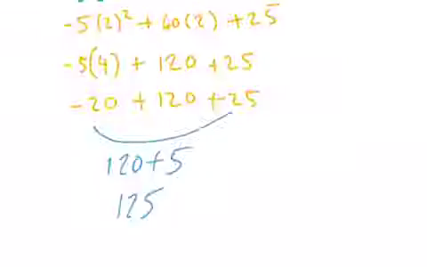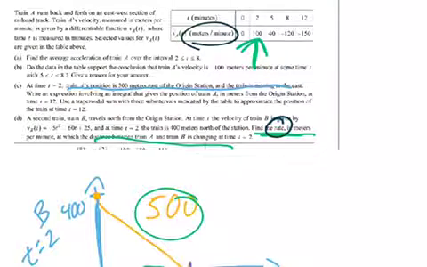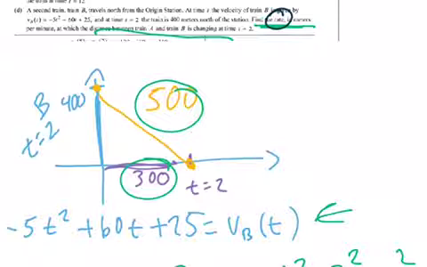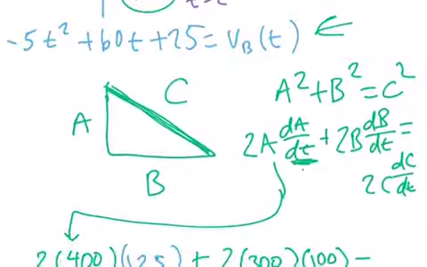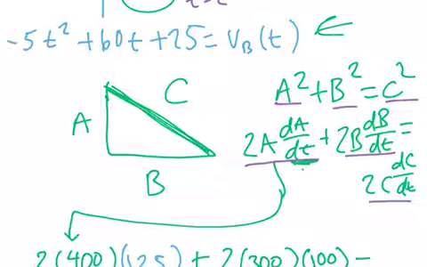Alright, so again, just to review, what did I do? I wasn't sure how to approach it. I drew a picture, right? Once you draw a picture, this is an indication that you are probably going to be doing a related rates question. We know that's 400, we know that's 300, we know that's 500 via the Pythagorean theorem. If I set it up via the Pythagorean theorem, then I know that I have A squared plus B squared equals C squared, so implicit differentiation gives me these values.